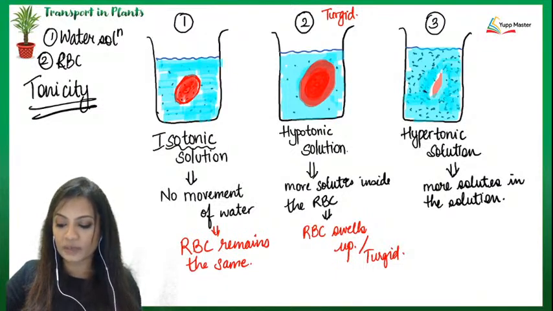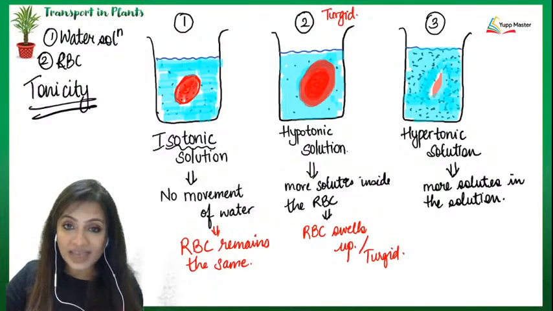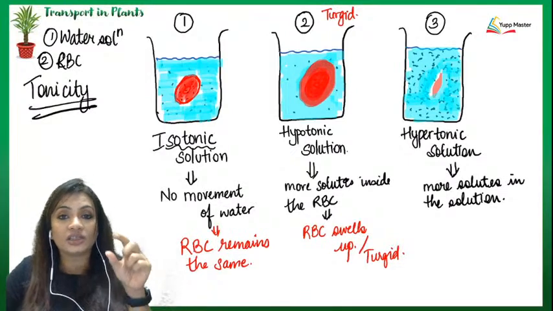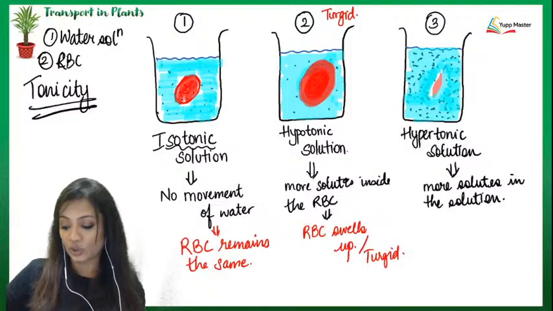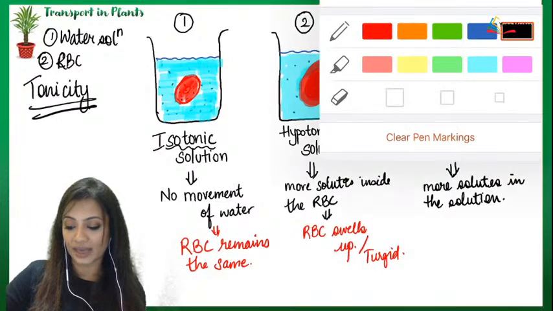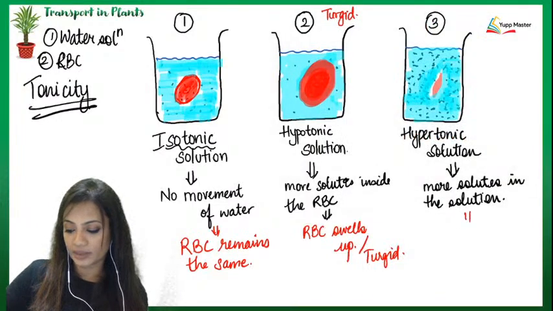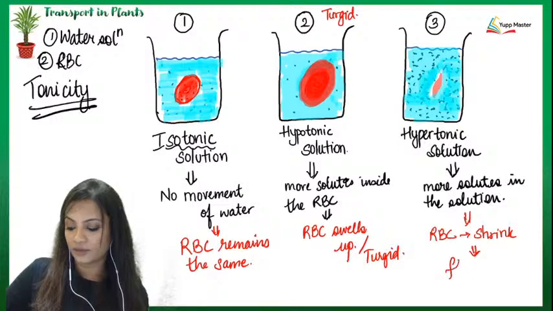So irrespective of anything, the water comes out and the RBC just shrivels down. You can say the RBC will shrink, or that it becomes flaccid.